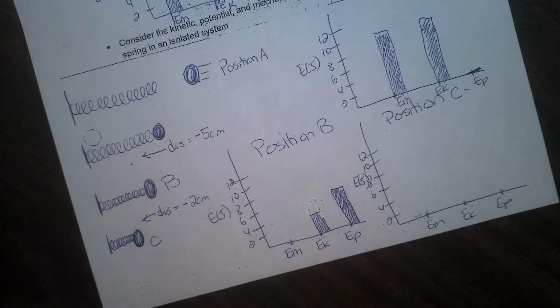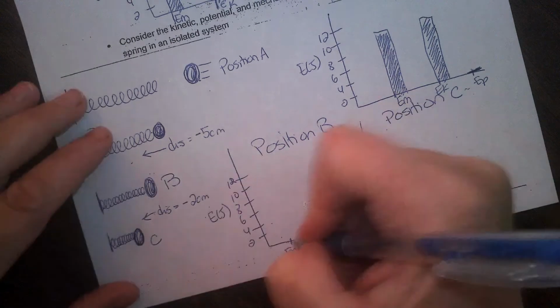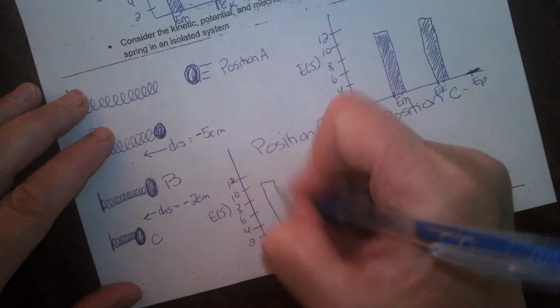The ball has collapsed the spring roughly 5 centimeters. So roughly halfway. And what do we say about the mechanical energy? It's the sum. It's going to be 10.